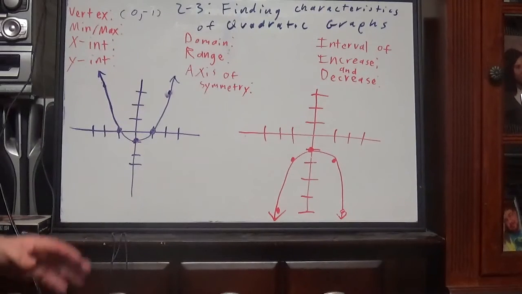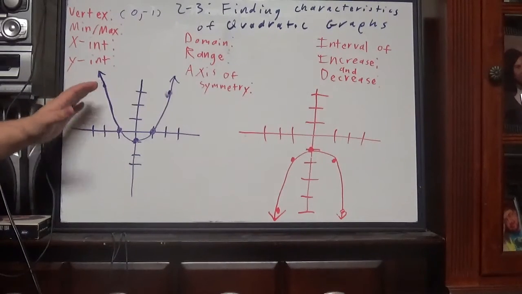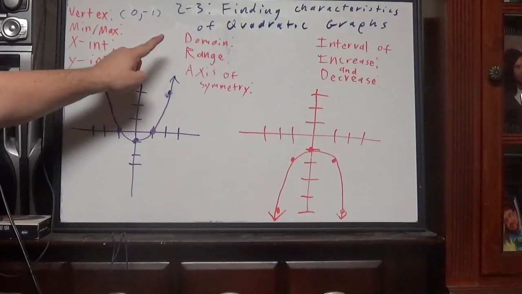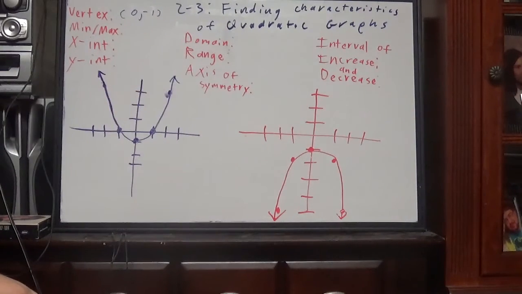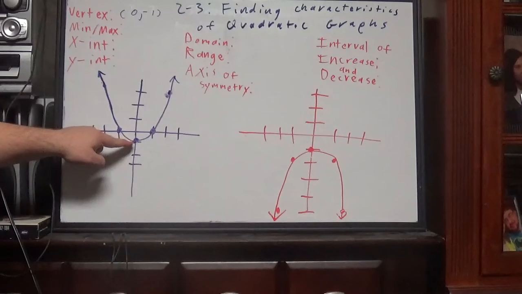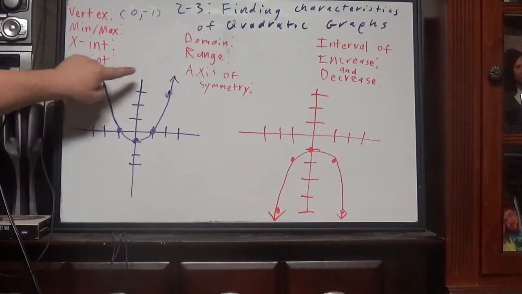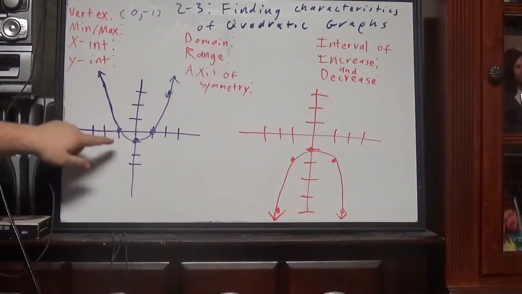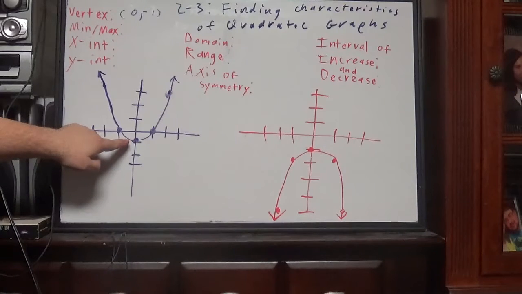First thing to point out, anytime that we have a graph that's positive and is going up, so this graph is going up, notice it has a lowest point. These arrows are pointing up to say that it's going and going and going up. That means that there's a lowest point of the graph.